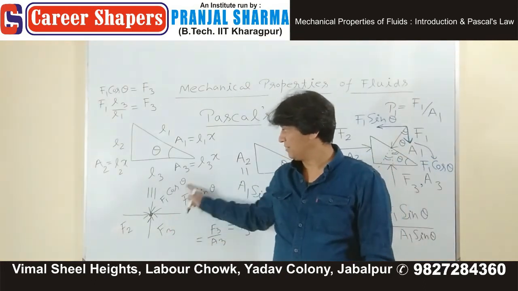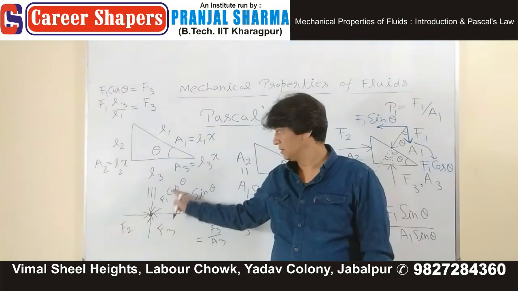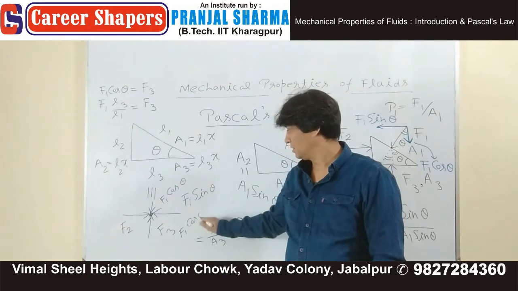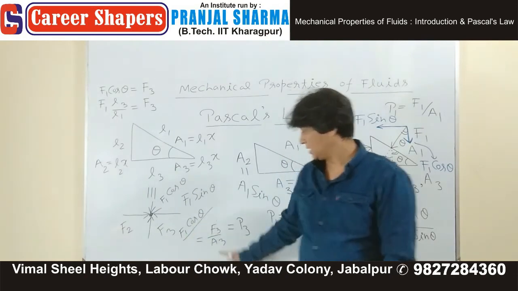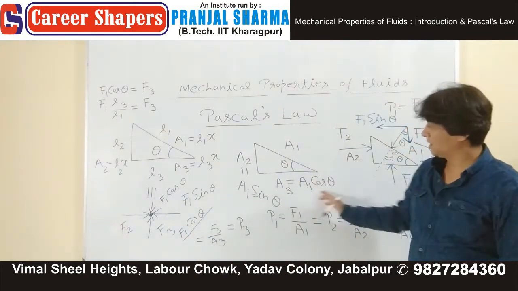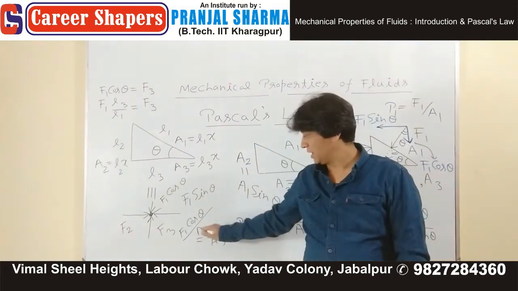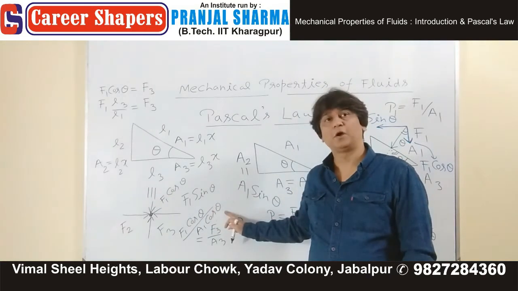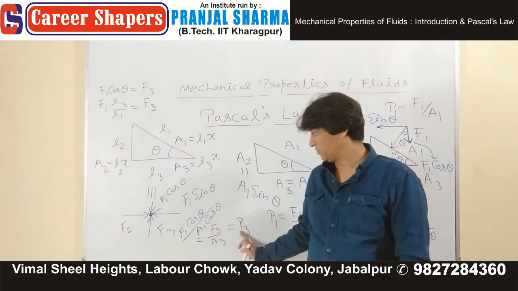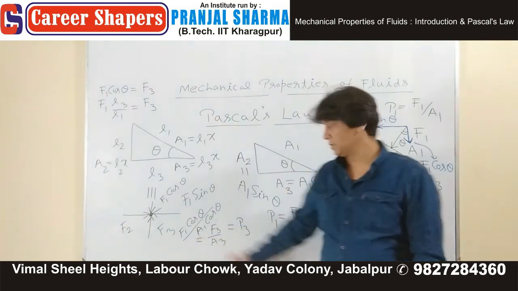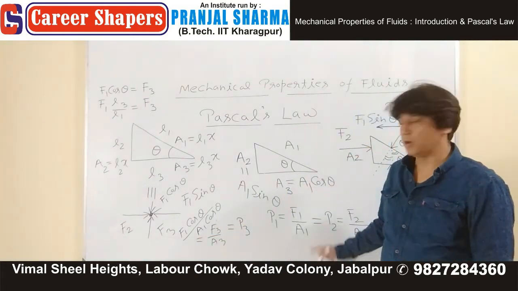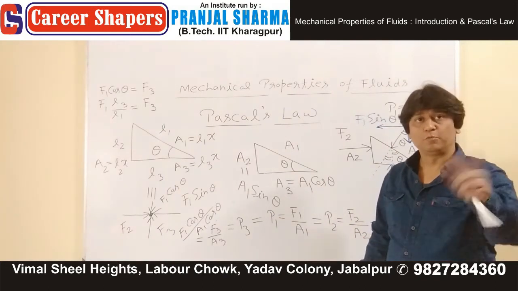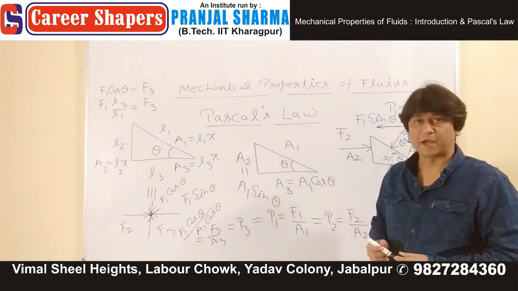F3 is F1 cos theta. Divided by A3. And what is A3? A1 cos theta. Cos and cos cancel. What is P3 coming? F1 upon A1. P1 is F1 upon A1, and therefore P1, P2, P3, they all are same.